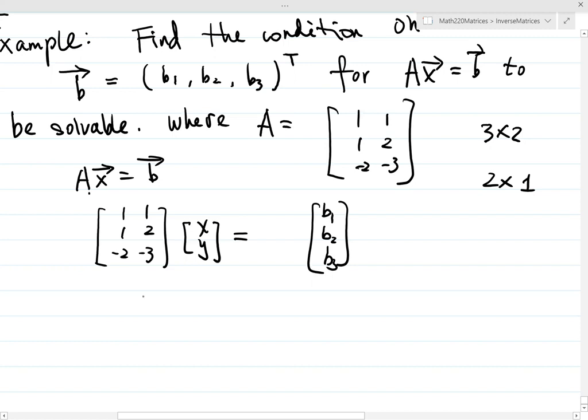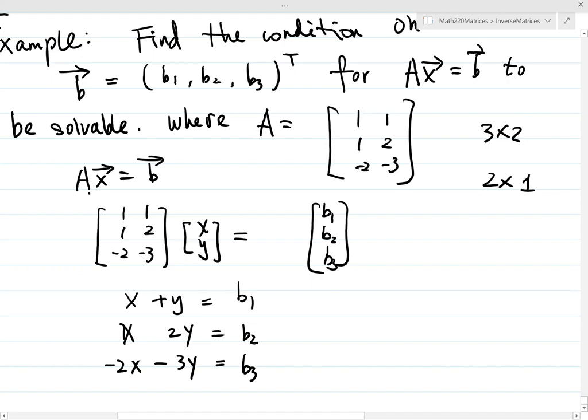If you write it in terms of equations: x plus y equals B1, x plus 2y is B2, and -2x minus 3y is B3.